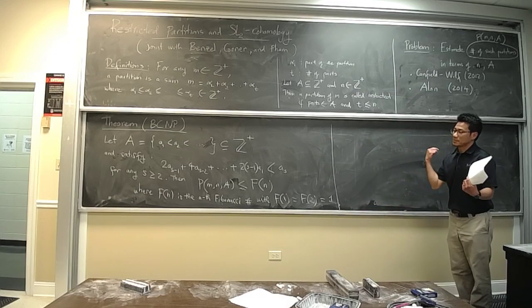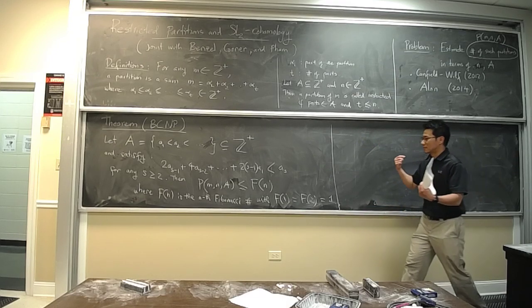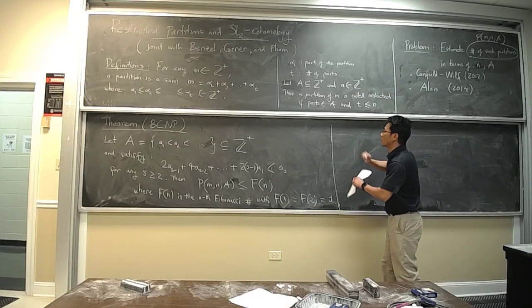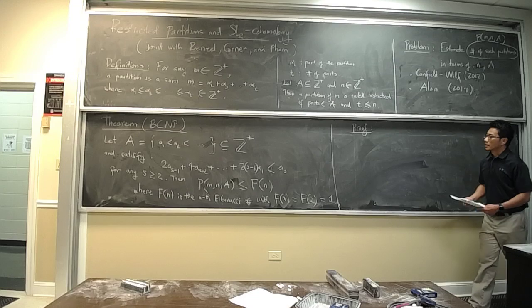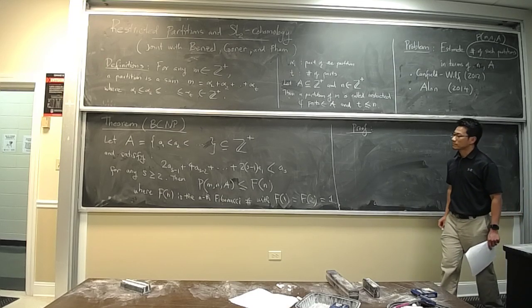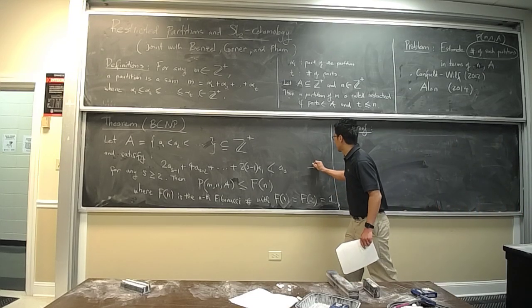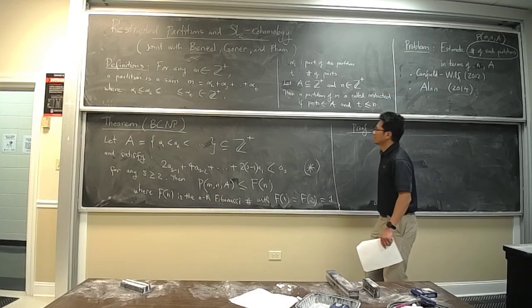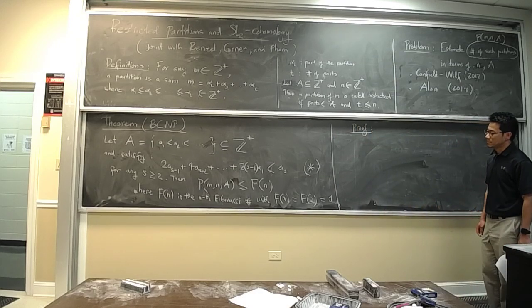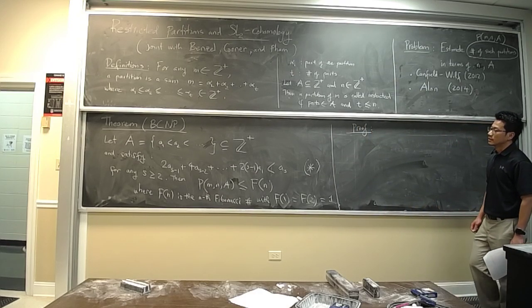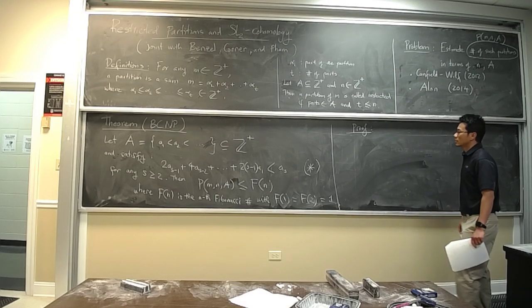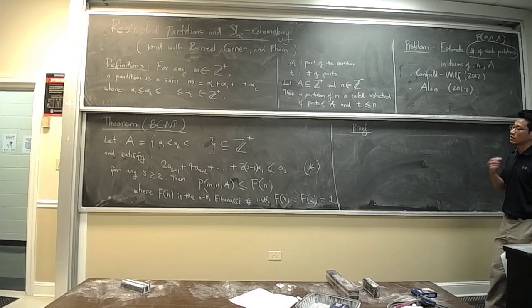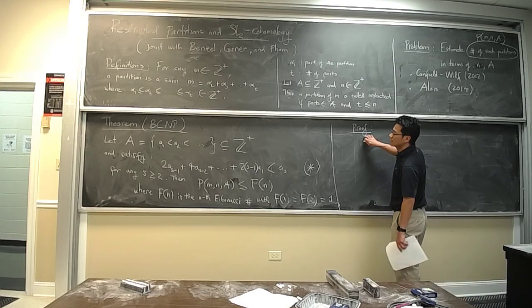Well, the proof is elementary, so I'm gonna quickly go over it as follows. Okay, so let this condition be the star condition, and I'm gonna proceed by strong induction on n.